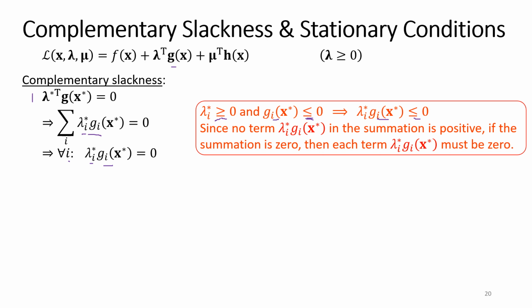Now, since no term in this summation can be positive because they're all less than or equal to 0, if the summation is equal to 0, then each term lambda i star g i of x star must be 0.